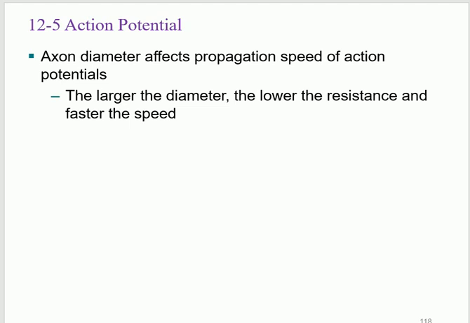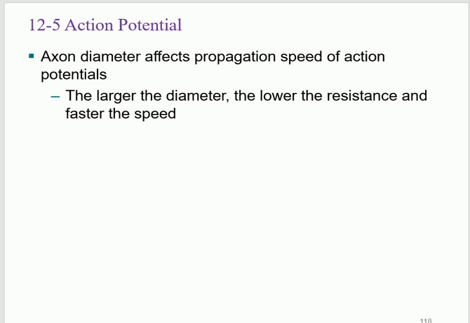If I'm asking you, what's the speed of propagation in this axon? You ask me two questions before answering. Is it myelinated or not? Is the diameter large or small? So what do you think is the fastest? Which combination?